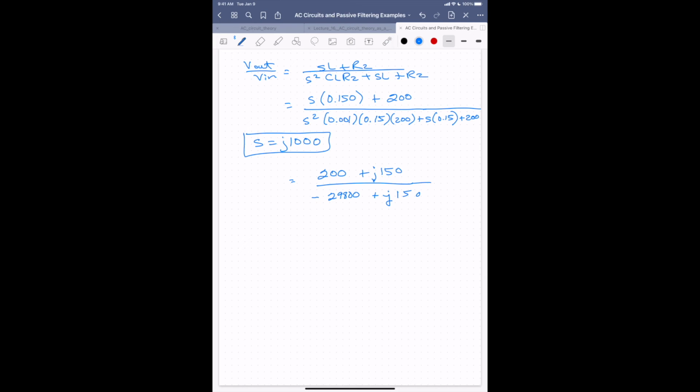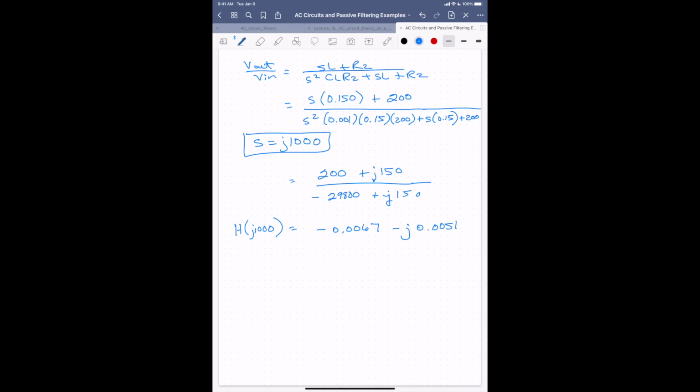And when we solve that, we end up with minus 0.0067 minus J 0.0051. So this gives us H of J1000 will be equal to that.